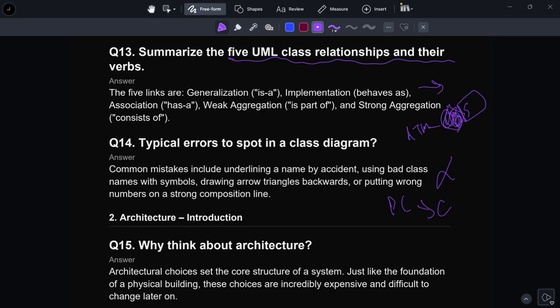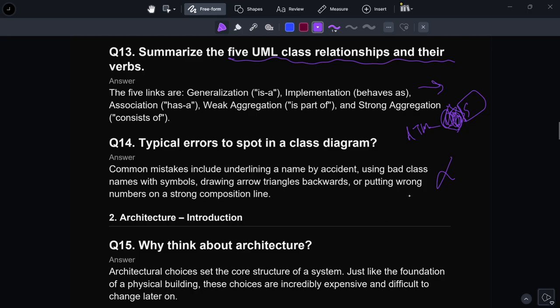Now we have invalid composition numbers: writing a cardinality number other than 1 or 0 to 1 on the strong composition diamond end. By definition, a strong composition part can only belong to one parent whole at a time. Putting many or 2 on the diamond side means a single tire could simultaneously belong to multiple cars, which is logically impossible.